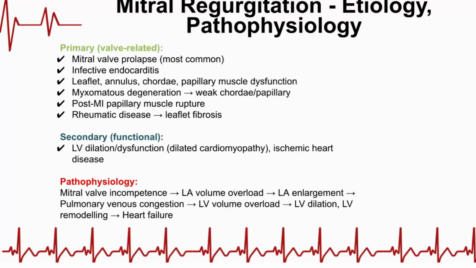When the valve does open finally, you have lots of blood that flows down into the left ventricle, and this causes left ventricular dilation and left ventricular remodeling. And this leads to heart failure.